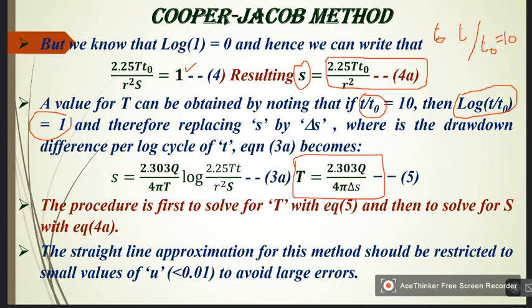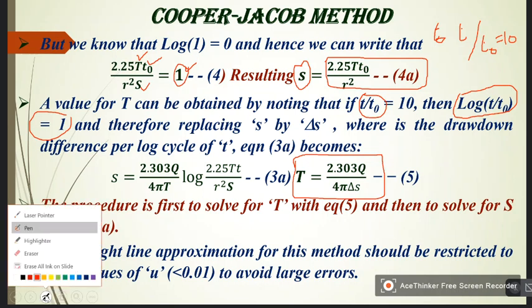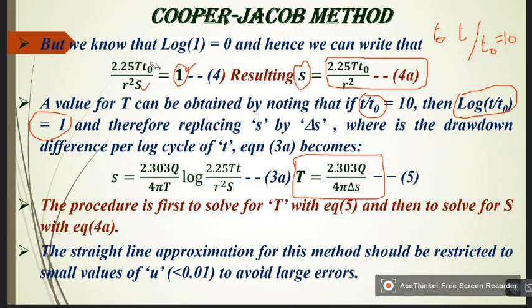So what we do, first you solve for T, because in this the initial time is known, S is known, so T is solved. Sorry, not this, I'm sorry. So this is what we get, T is equal to 2.303 Q by 4 pi delta S.